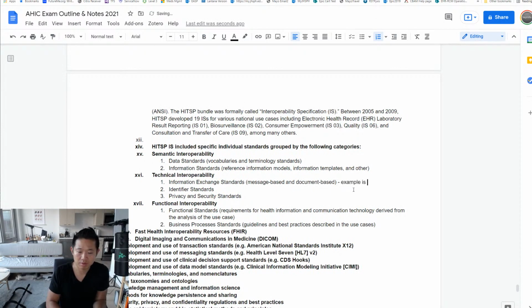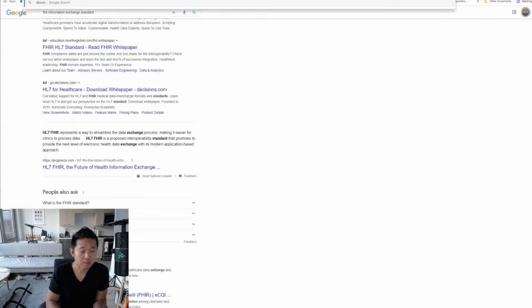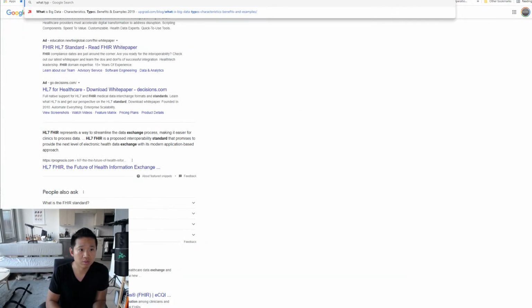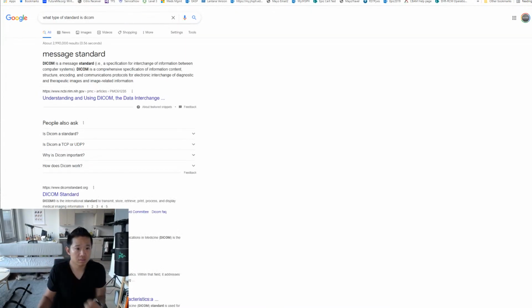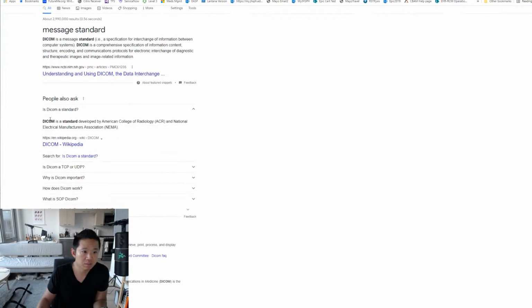Example is FHIR. And then DICOM. DICOM, what type of standard is DICOM? It's a message standard. Specification for integrating between computer systems.